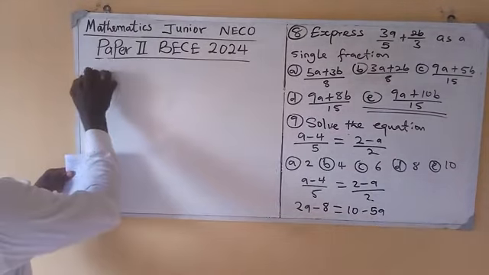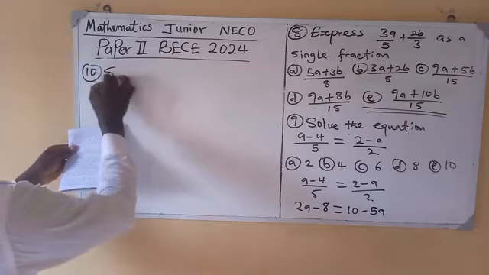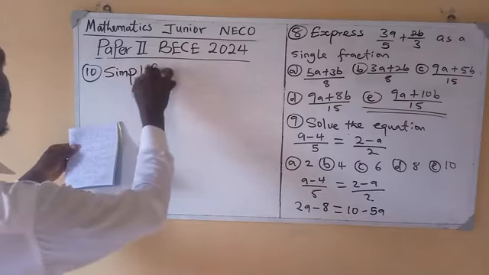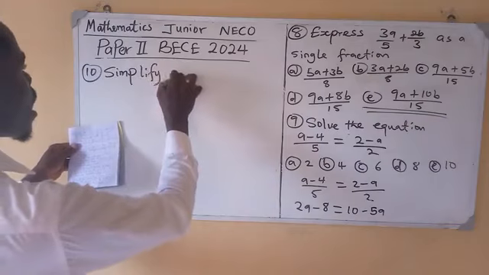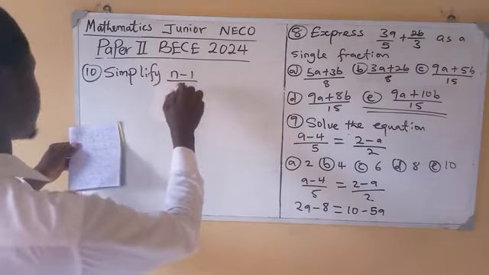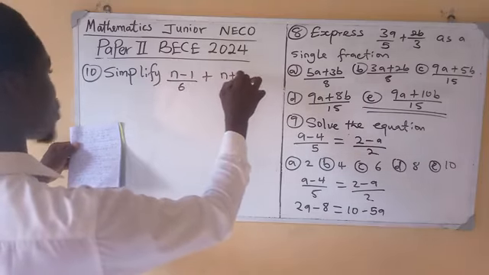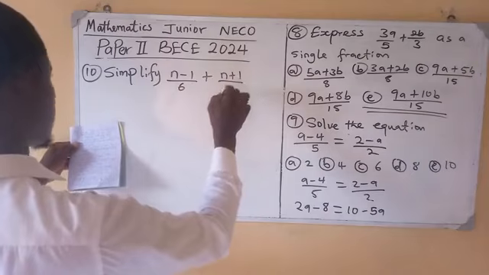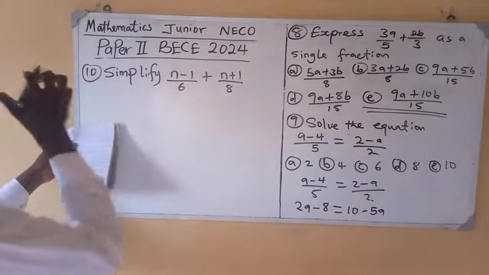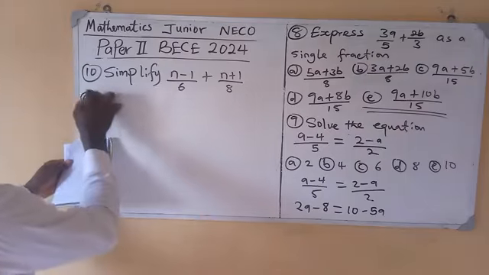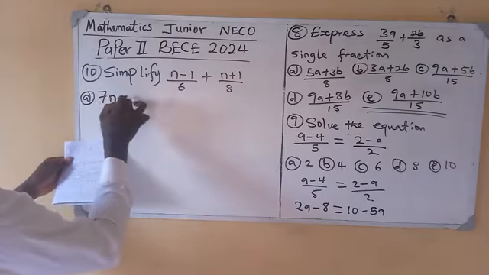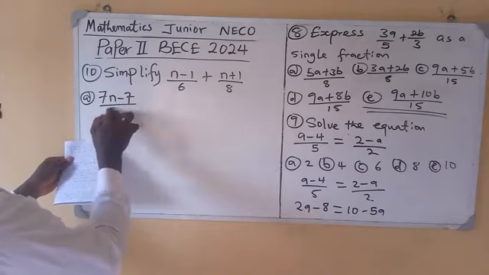Which is question number 10. It says simplify n minus 1 over 6 plus n plus 1 over 8. So the options given to us, we have A, 7n minus 7 over 24.